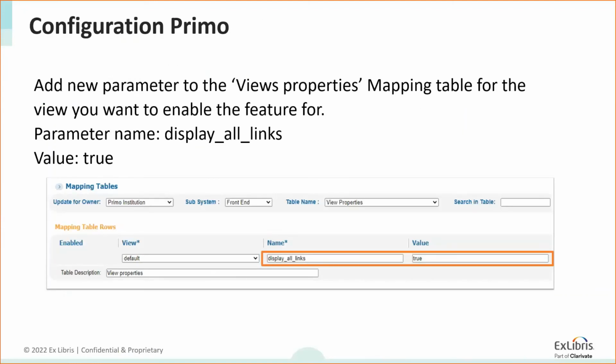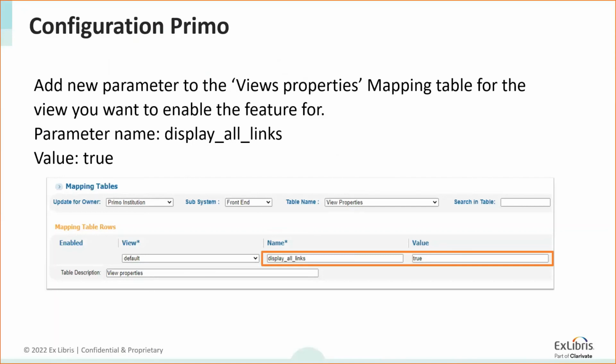Okay, as a last step, I want to talk a little bit about the configuration. So how do you turn on this new feature in Primo and in Primo VE? First of all, in Primo, it's available from May, so you need to wait a little bit longer. But in the May release, what you can do is add a new parameter to the views property mapping table.